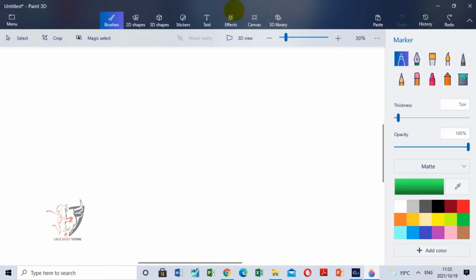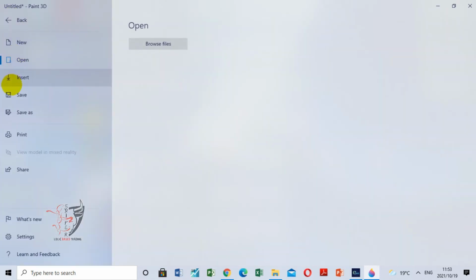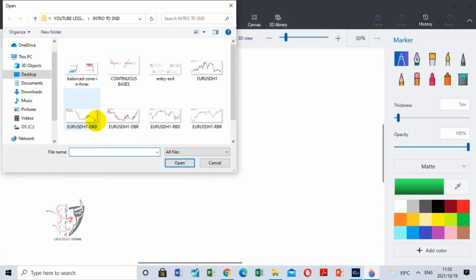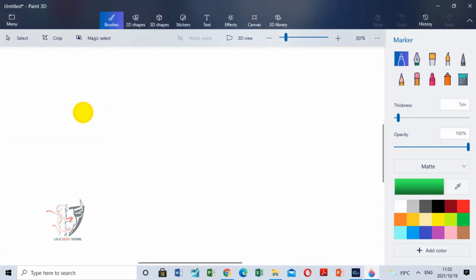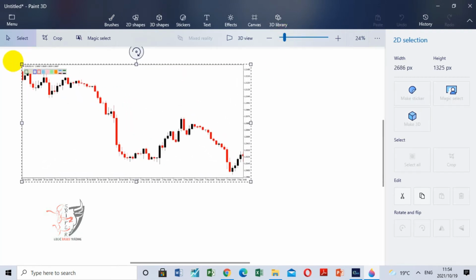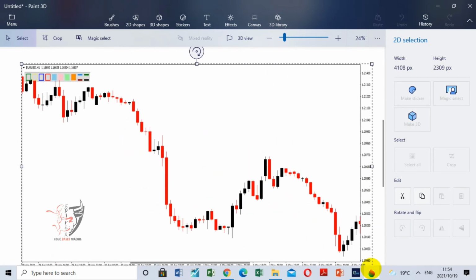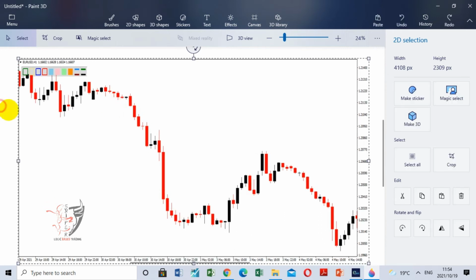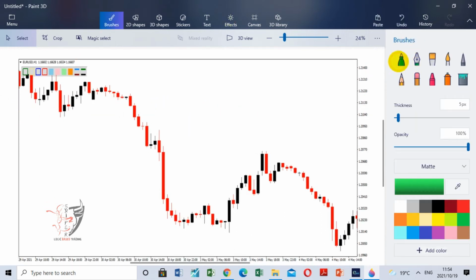Okay, we are going to move on to our continuous base types, which is our drop base drop. I'm going to start with our drop base drop base type, and as you can see, price was going down here. Price went into a balanced or consolidation mode, and then price continued with the movement to go down.